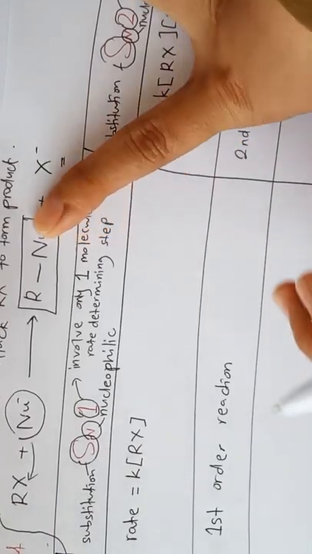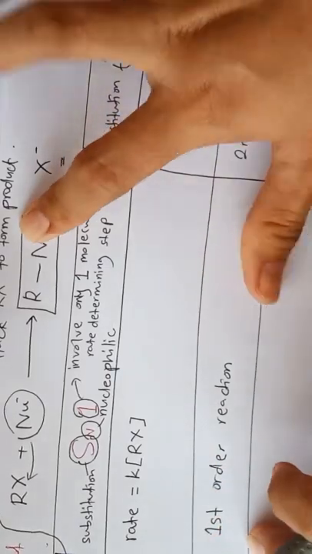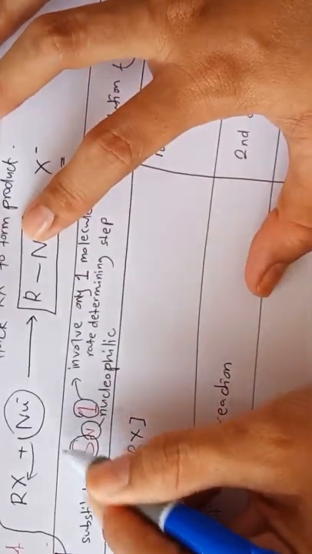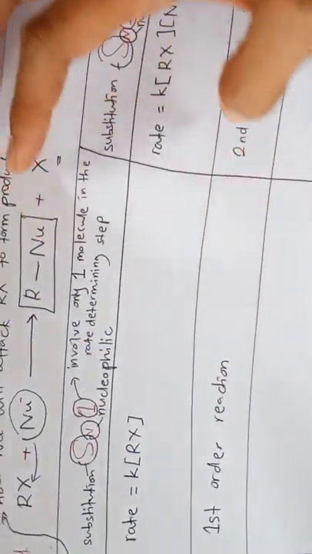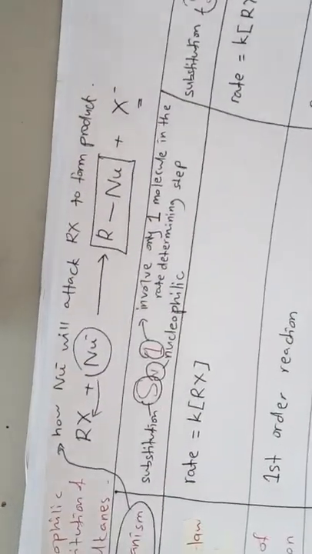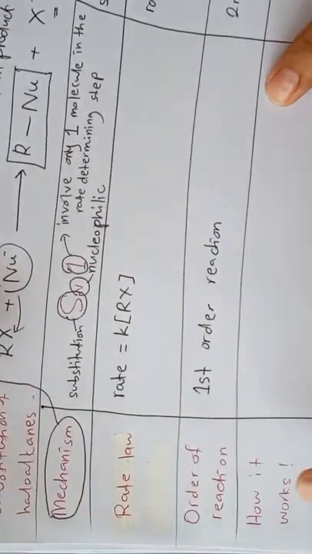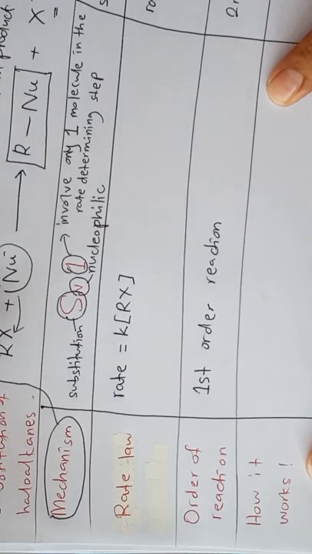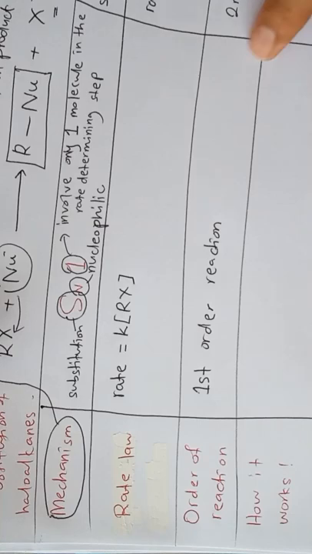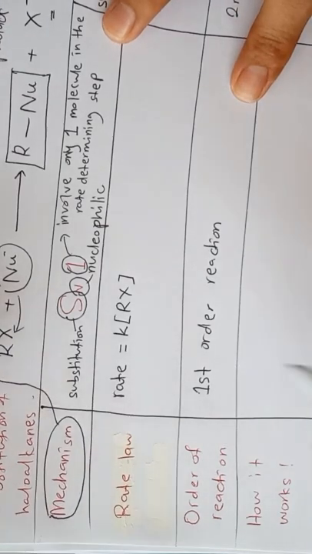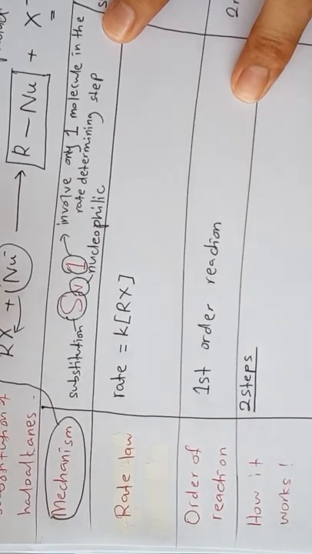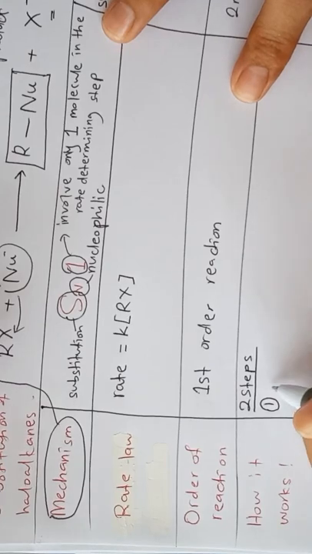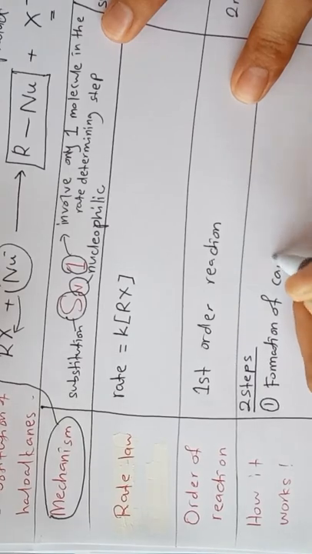Please pay attention to what I'm going to talk about. For the SN1 mechanism, you have to know how the mechanism works. It involves two steps, and the first step is the formation of carbocation.